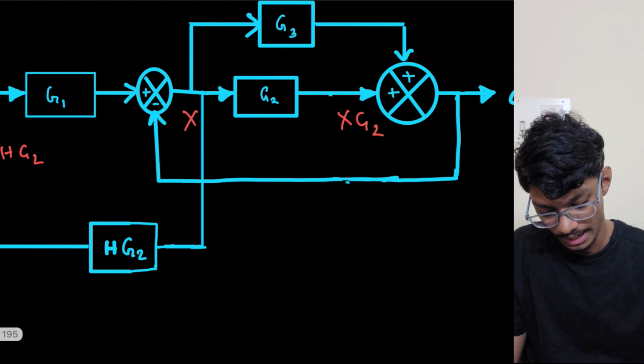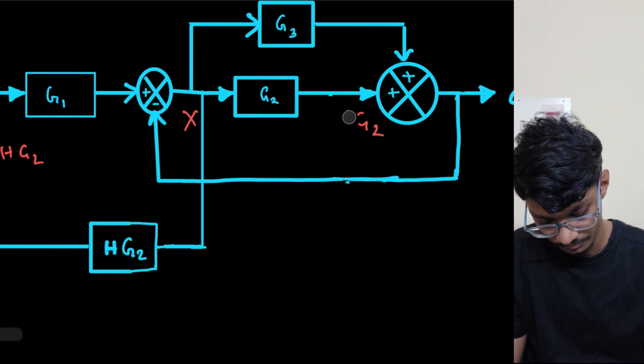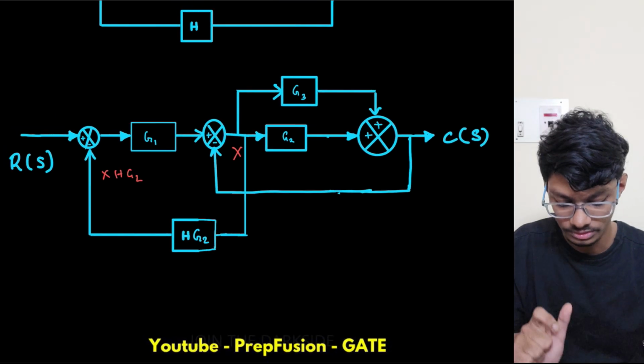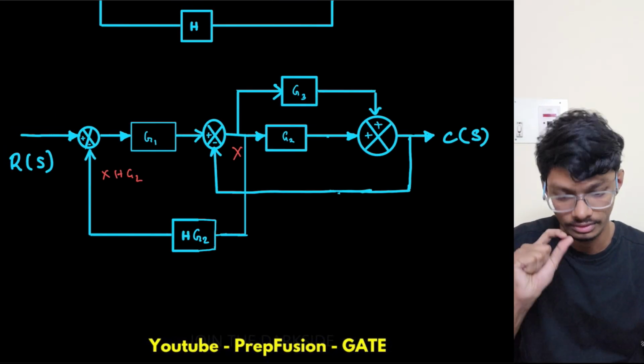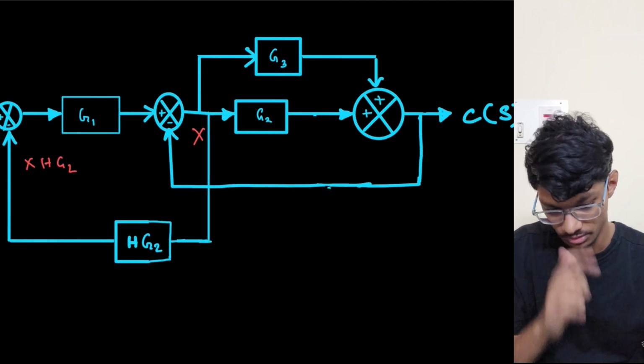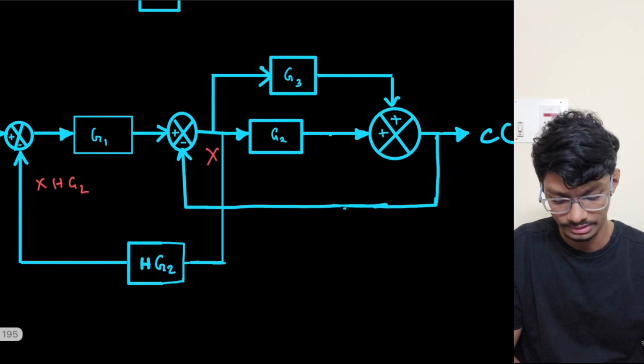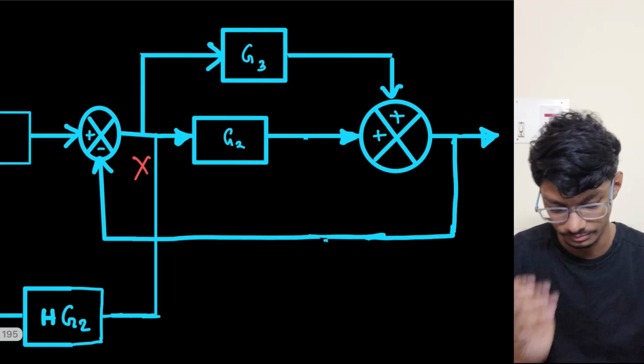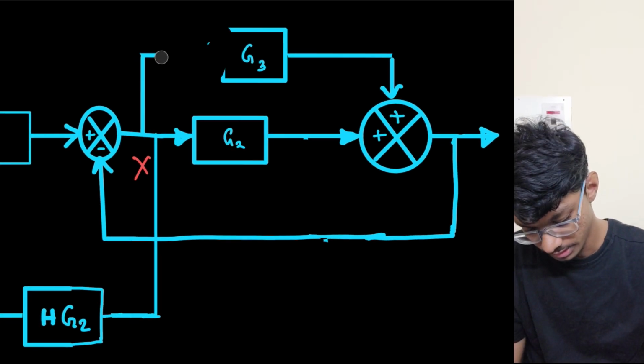Now adding these two, right, is simpler for me. So I will reduce these two into a single block of g1 plus g3. So I will just simply delete this and add these two, right? So it's easier for me. You have to again draw a new block. Okay, so I will just delete this one.